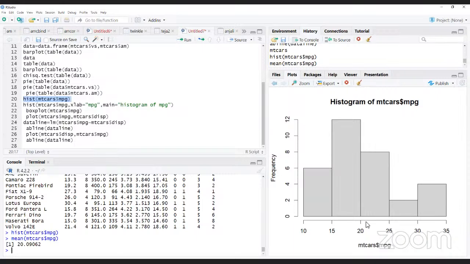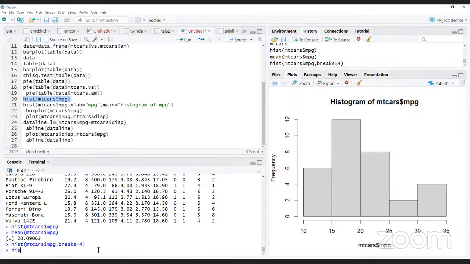Okay, now Farah, you can write down hist(mtcars$mpg, breaks = 4). Then enter. Have you got any change?